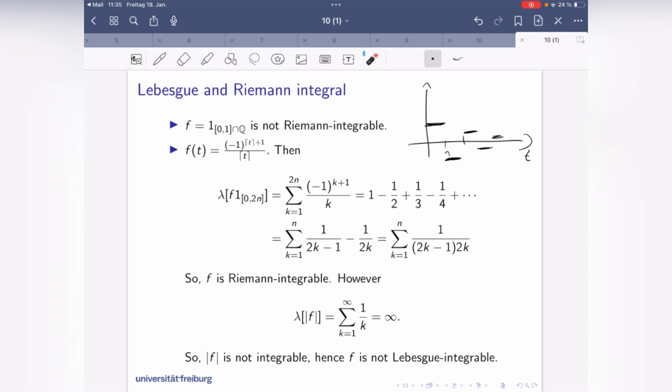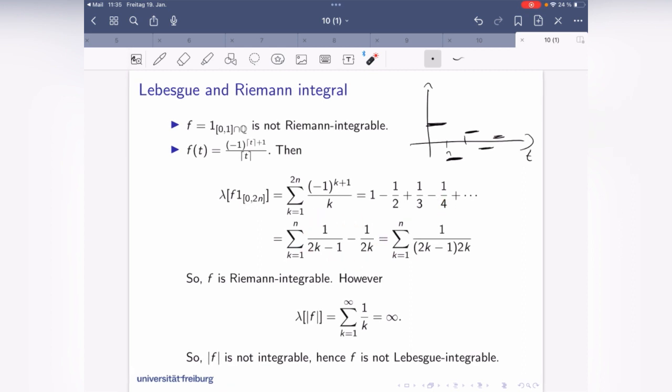So what you're doing is 1 over an odd value minus 1 over the next even value, and you do this for the first n pairs of odd and even values. That's the reason for this sum here. I can write it differently because I can find a common denominator.